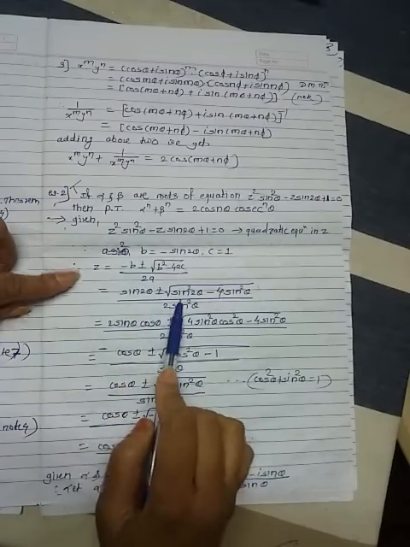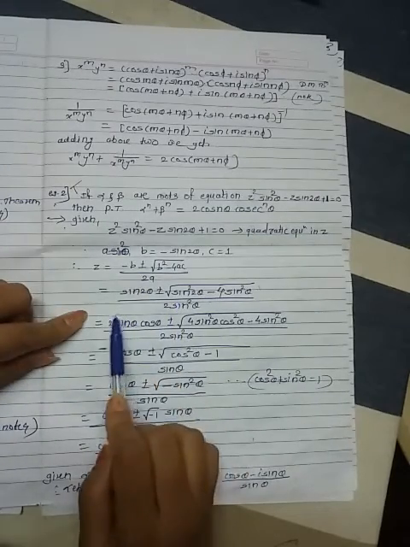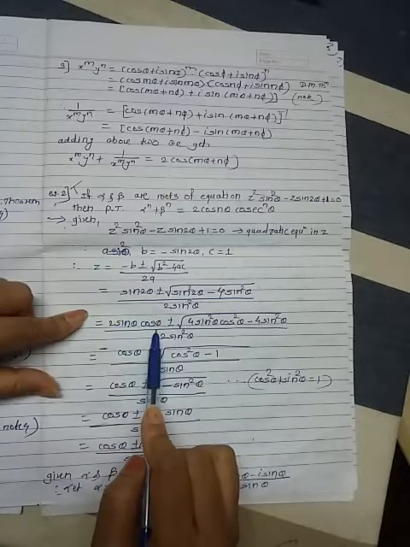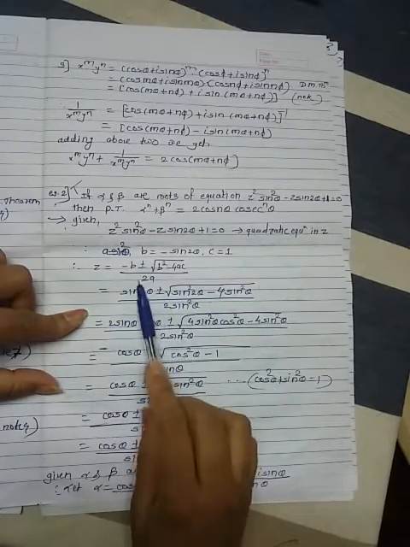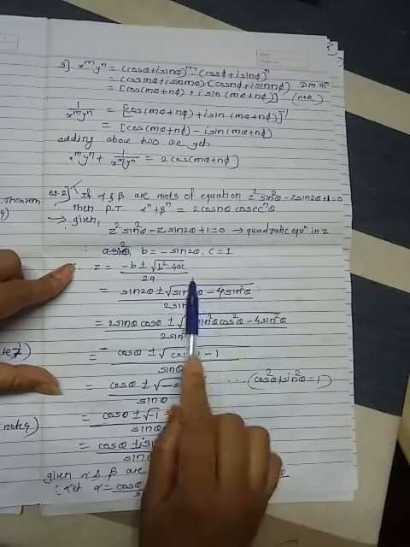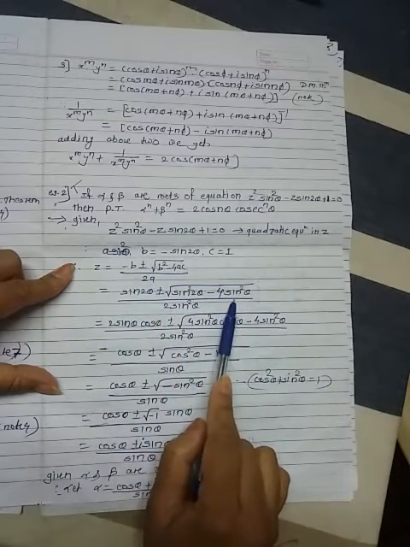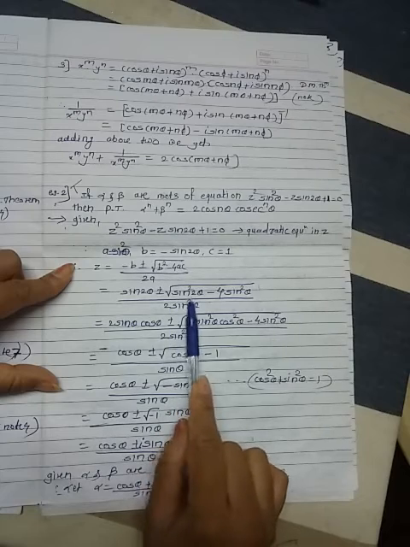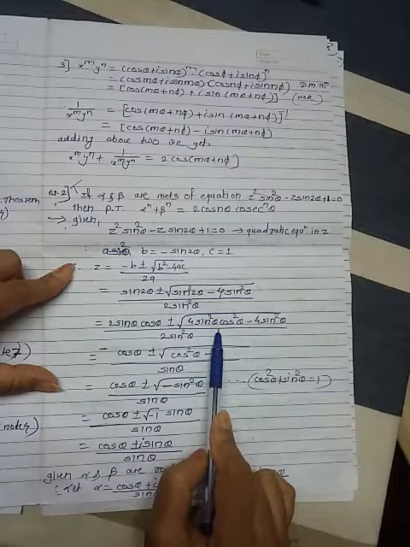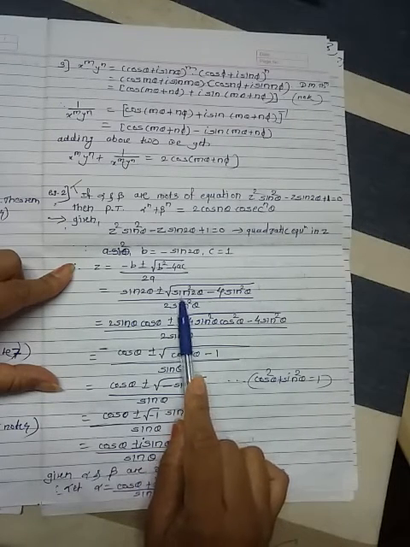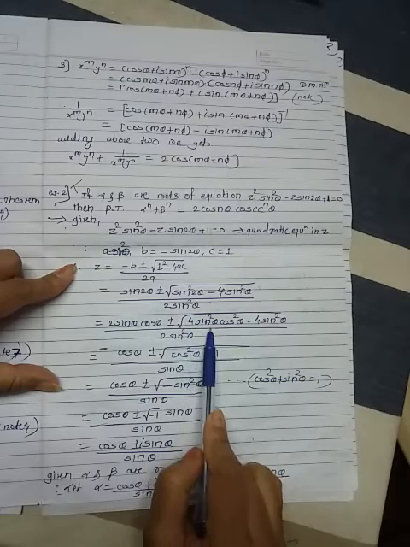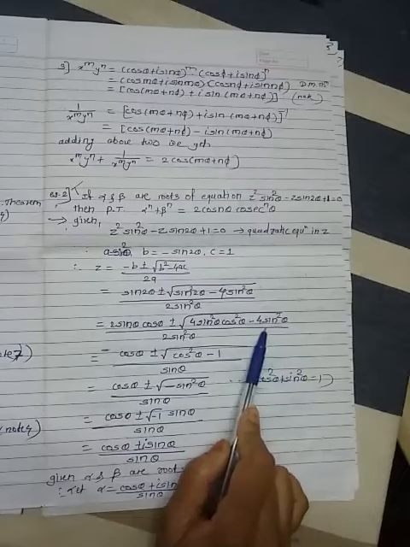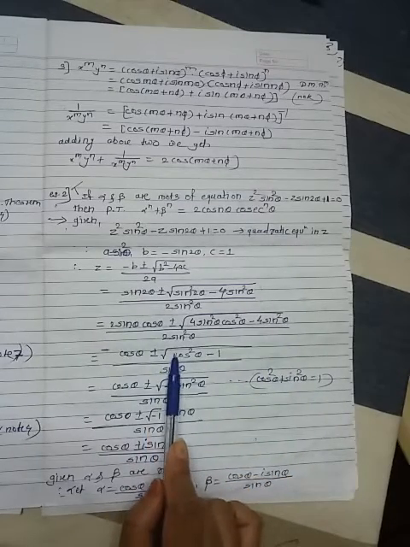Put all these values in this equation, we get 2 sin theta, and sin 2 theta formula is 2 sin theta cos theta, and b square is sin square 2 theta, minus 4ac is this one. Now again sin 2 theta is 2 sin theta cos theta, its square is 4 sin square theta cos square theta, minus 4 sin square theta as it is, divided by 2a as it is.